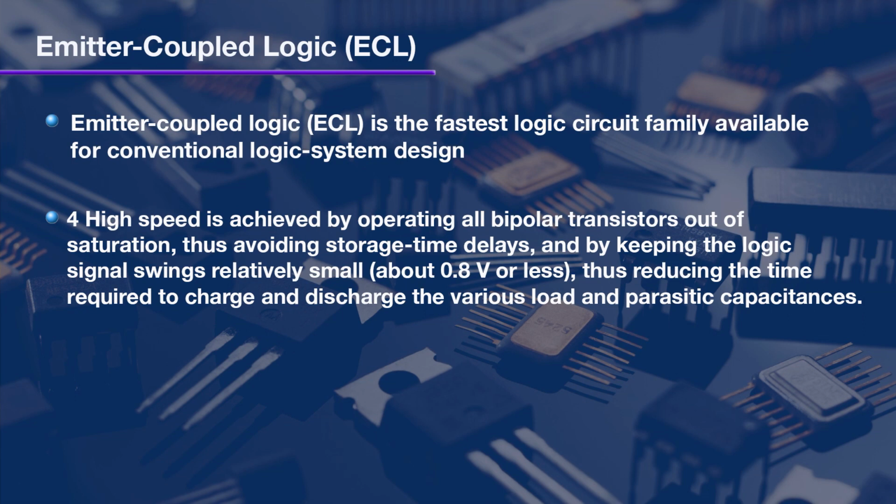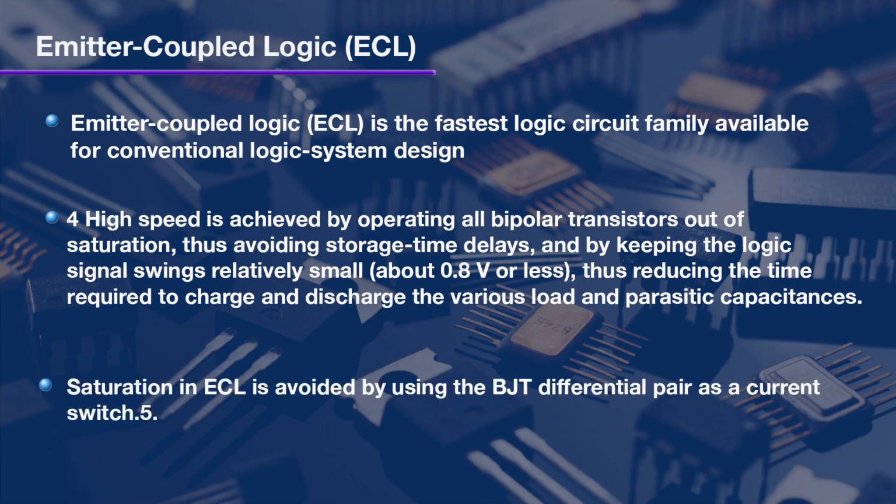Relatively small means about 0.8 volt or less, thus reducing the time required to charge and discharge the various load and parasitic capacitance. Saturation in ECL is avoided by using the BJT differential pair as a current switch.